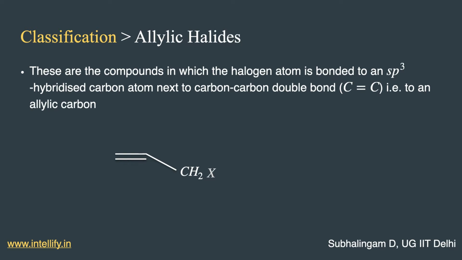This carbon is sp3 hybridized and is attached to a carbon that is sp2 hybridized and is doubly bonded to another carbon. Another example, we have X attached to an sp3 hybridized carbon, and if we go right, we have an sp2 hybridized carbon that is doubly bonded to another carbon. Such compounds we call allylic halides.